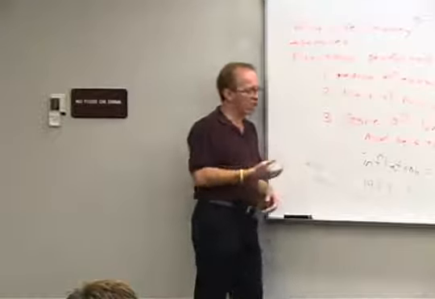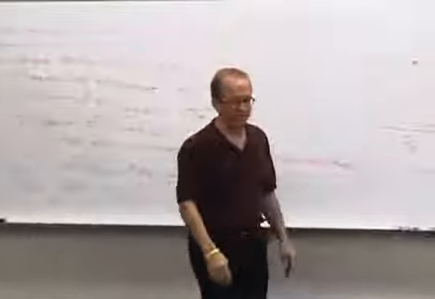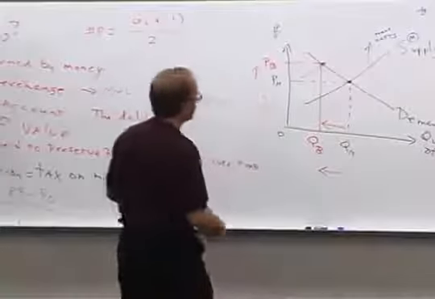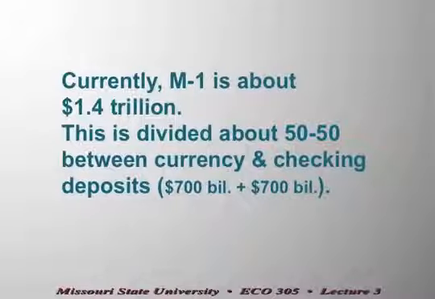But this has gone on. I told you I'd come back to this, so this is a good time to do it. These numbers are approximately, ballpark numbers, for the M1 money supply: about $700 billion worth of currency and $700 billion in checking deposits.